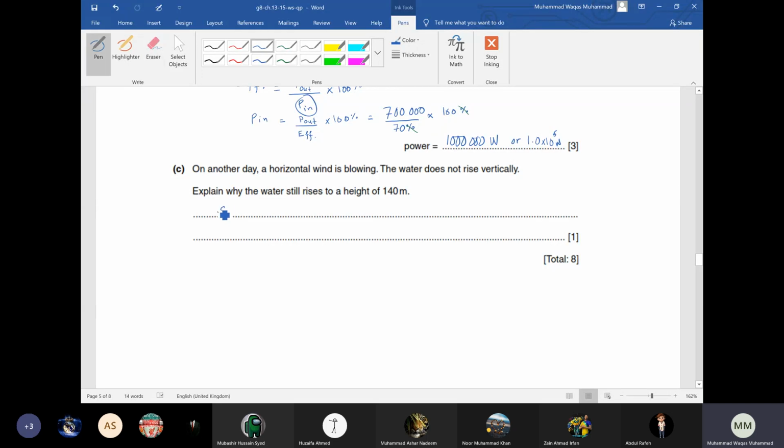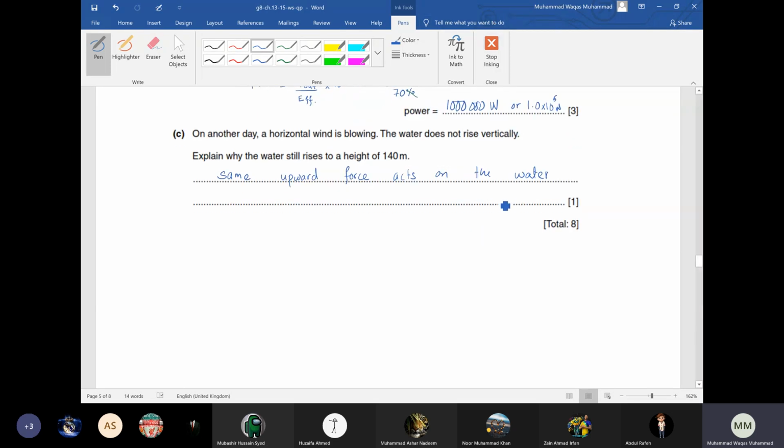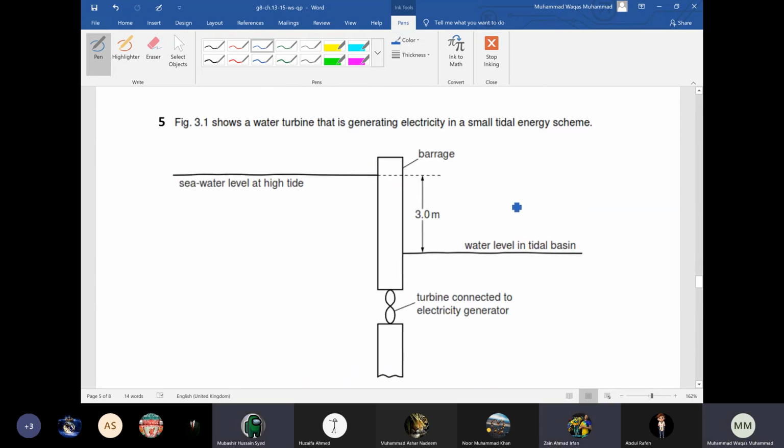So that's why it still gains the same potential energy and the same height. Got it or not? Yes, sir, got it, sir. Good.